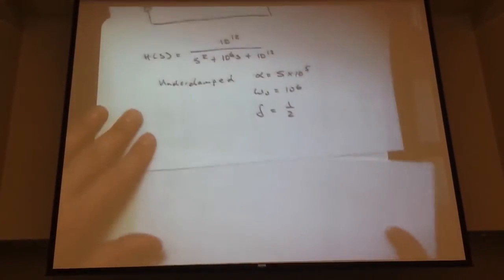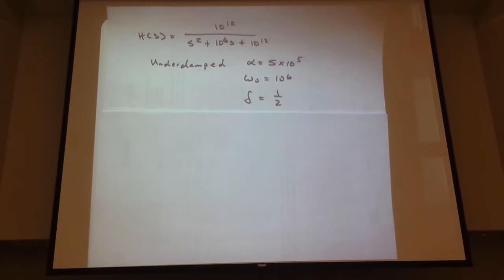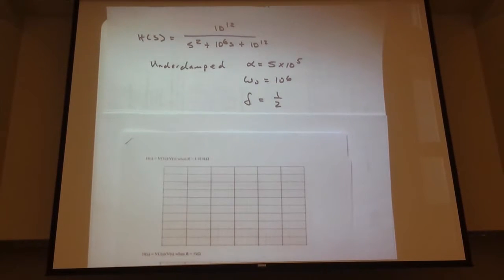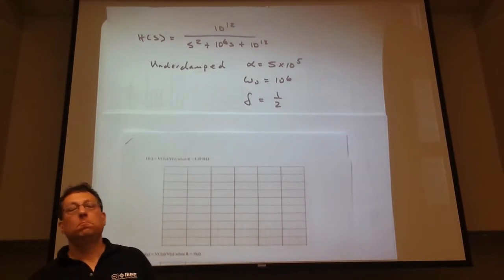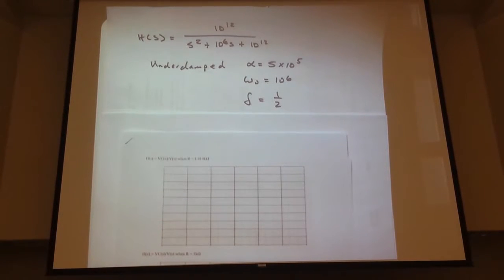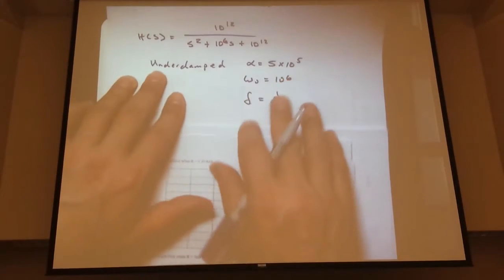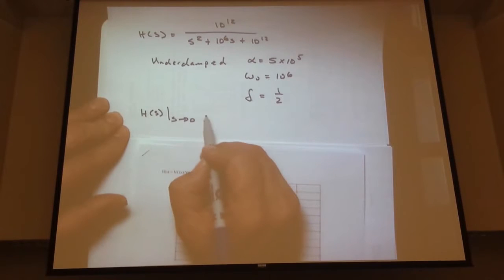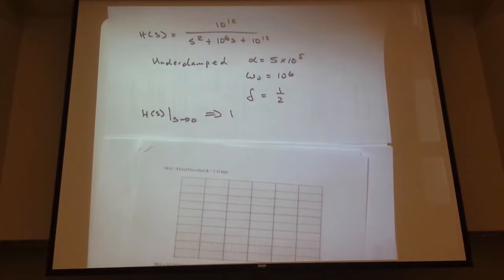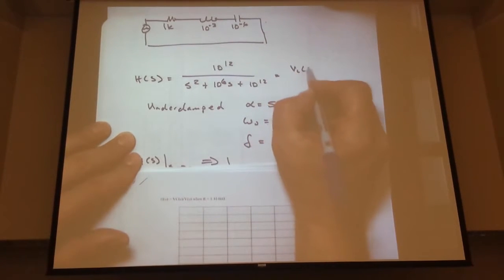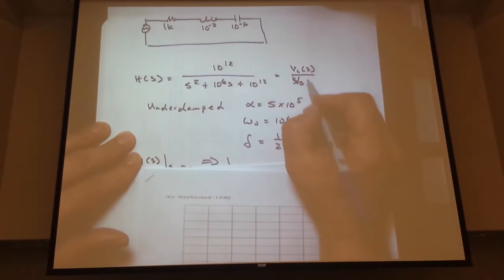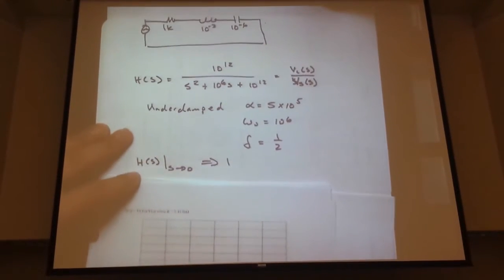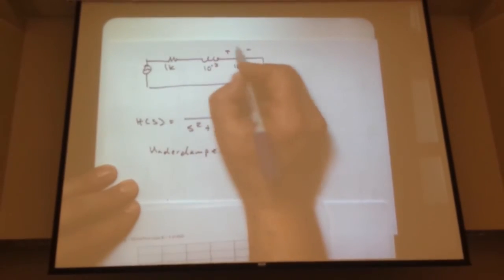And so let's look at our Bode plot. We no longer have real poles, right? So what can we do? Well, in the limit, we can again say H of s, as s goes to 0, goes to 1. I didn't fill in all the steps, but that hasn't changed. This was VC of s over the source of s, so that is our capacitor voltage over V in.